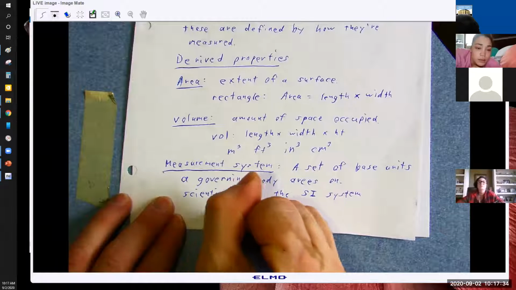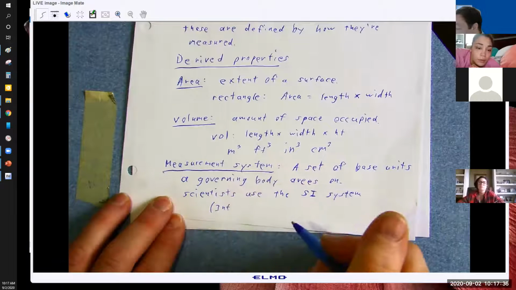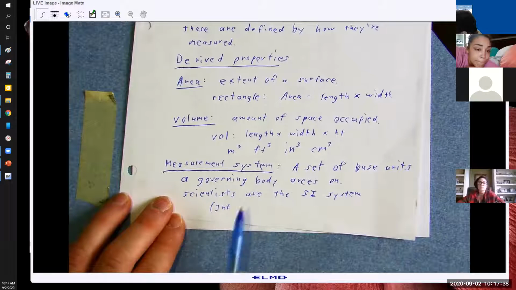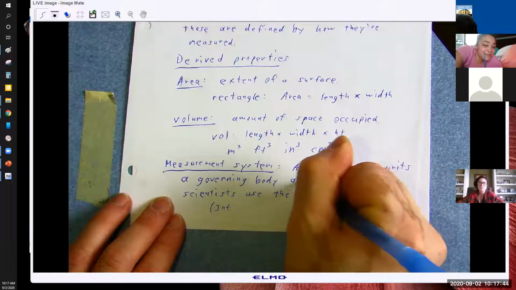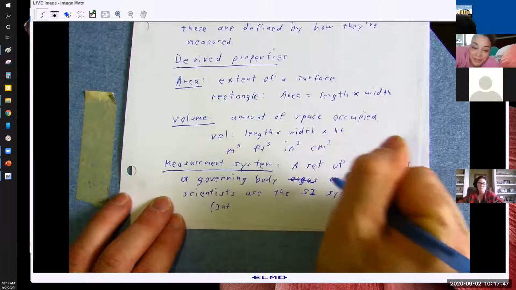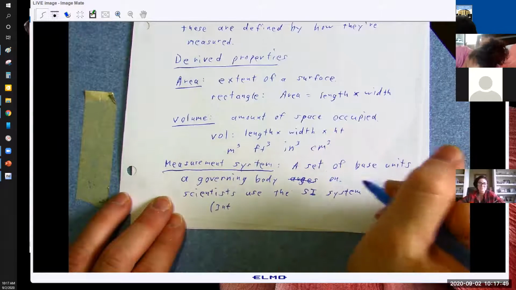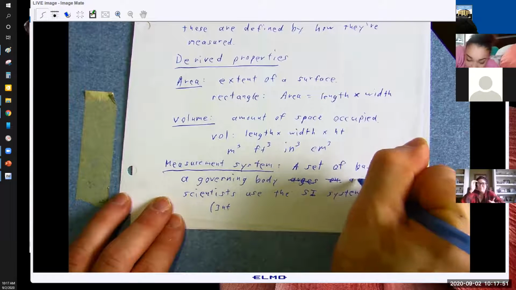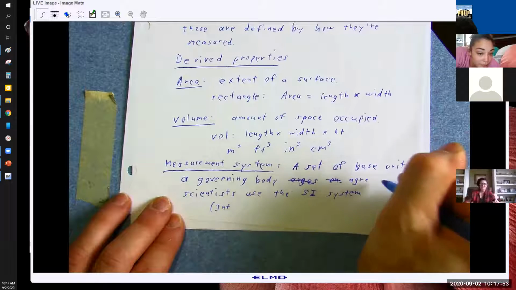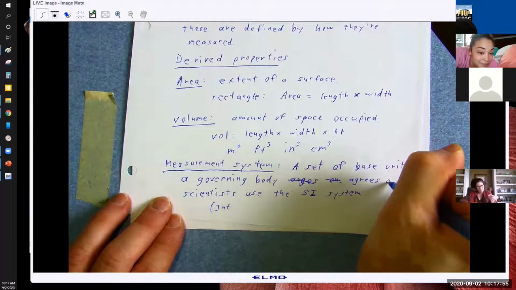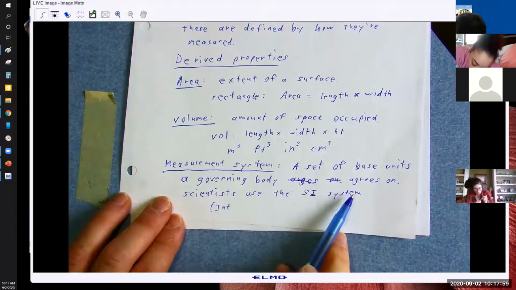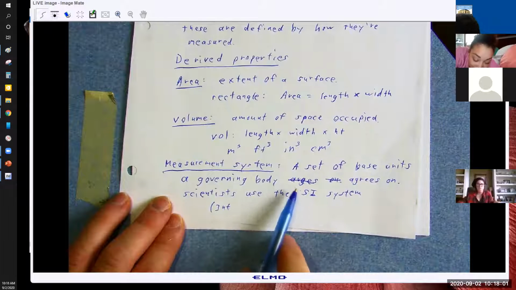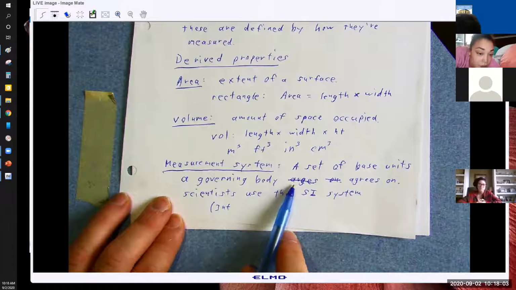That's a misspelling. I forgot a G. Oh, that's agrees. Agrees on. Yeah, I forgot a G, sorry, my hand thought the A and the G were the same.